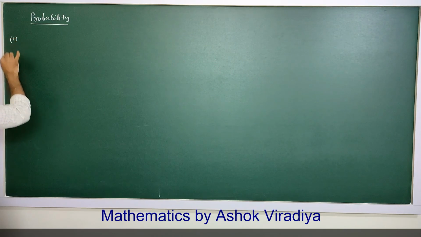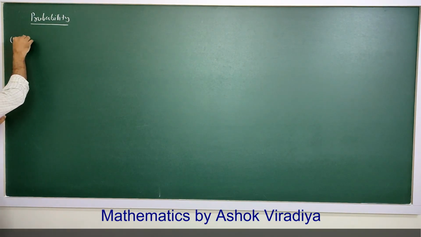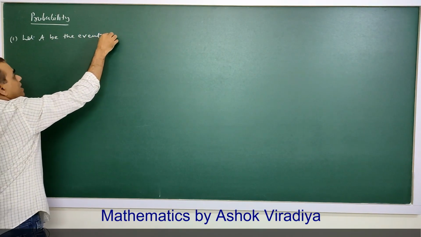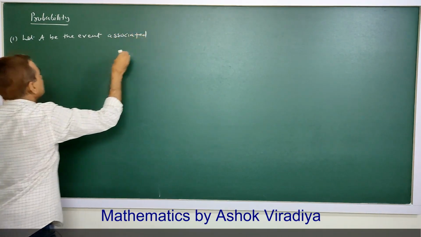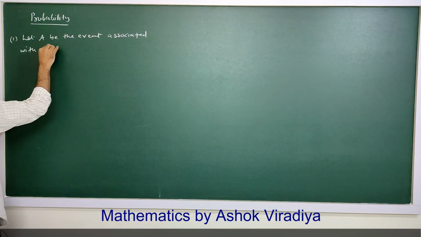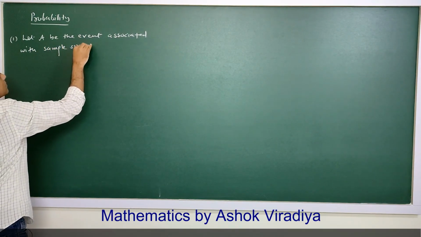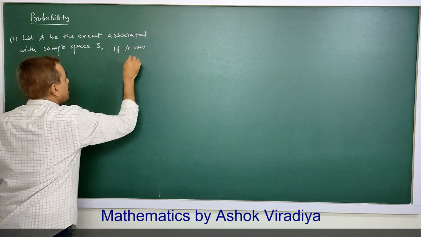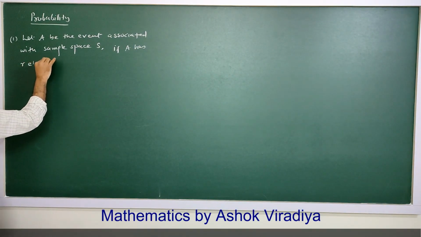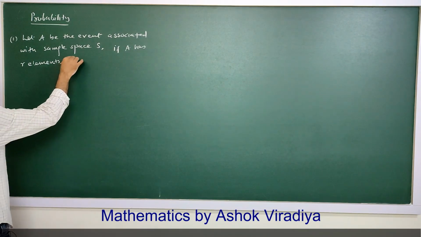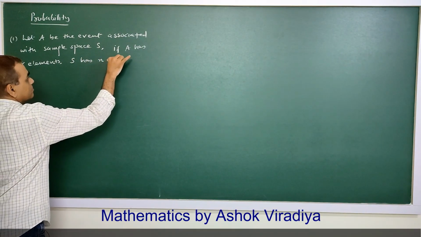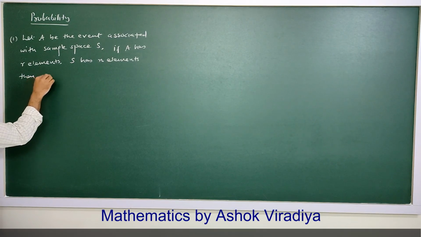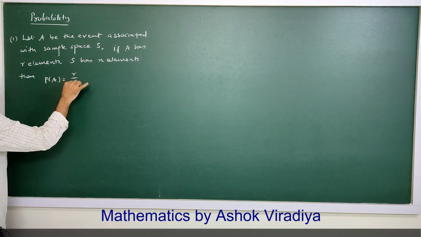So in class 11 you learned about these topics. Let A be the event associated with sample space S. If A has R elements, S has n elements, there are n sample points, then probability of event A is R by n.